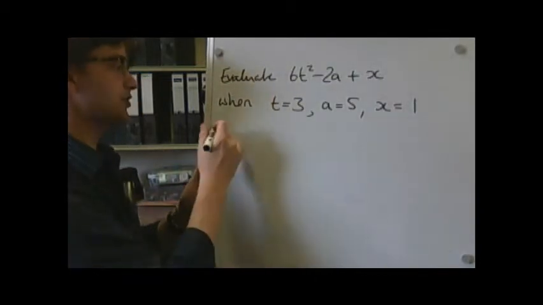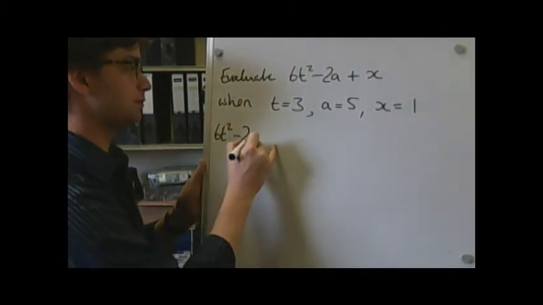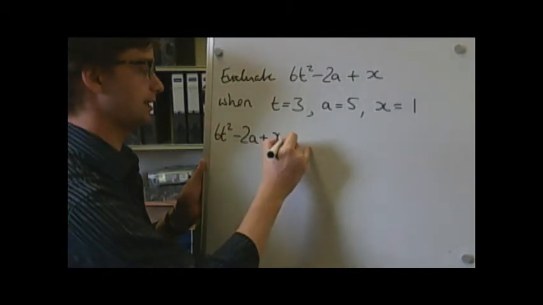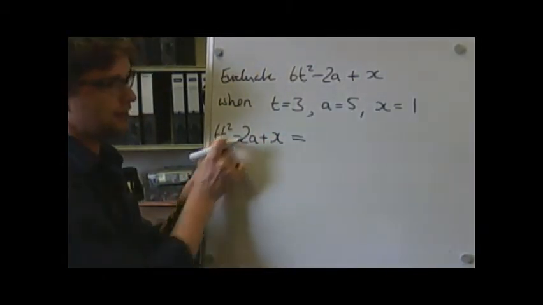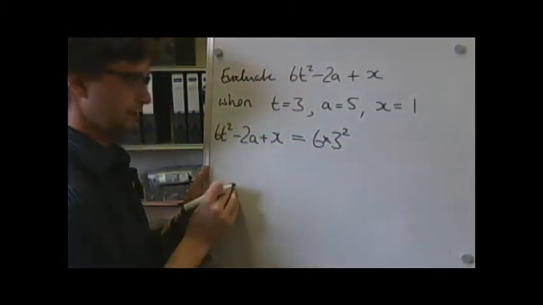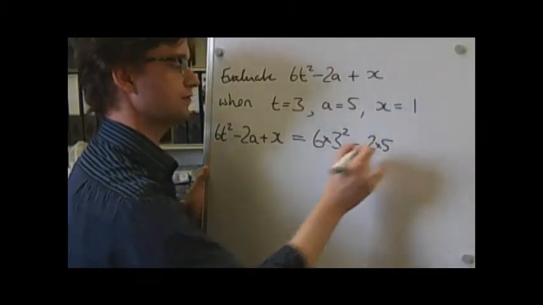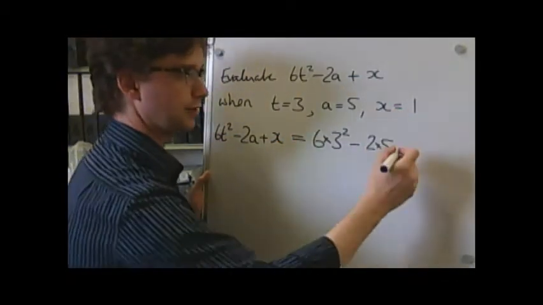To do that, we're just going to put those values in. So we've got 6t squared minus 2a plus x. We're going to take 6t squared and t equals 3, so we've got 6 times 3 squared. Minus 2a, so we've got minus 2 times 5. Plus x is plus 1.